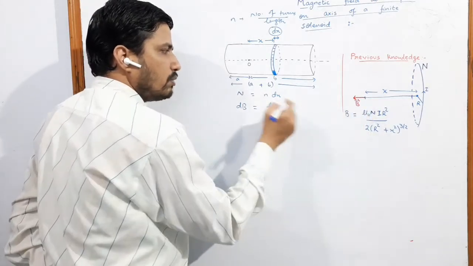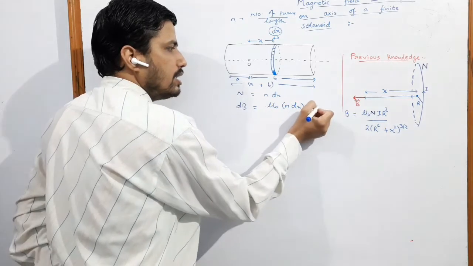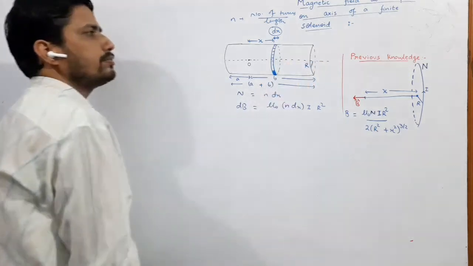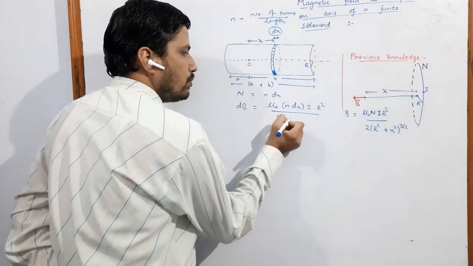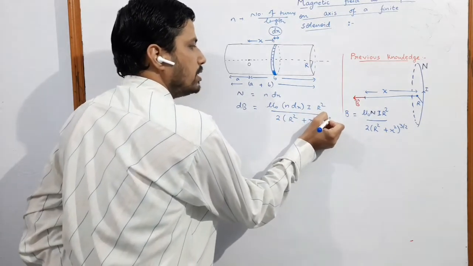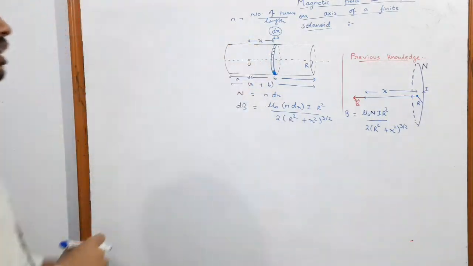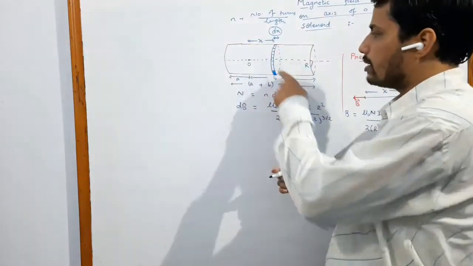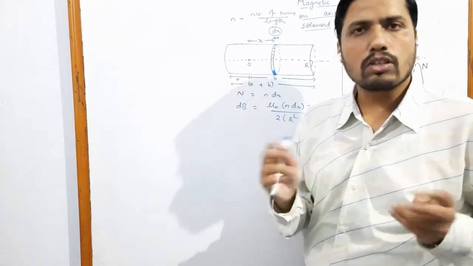Now instead of capital N, we will write n dx, I r², where r is the radius of this solenoid, upon 2(r² + x²)^(3/2). x is this distance. Now this is the magnetic field due to this circular element at this particular point. Now we have to find the magnetic field due to the total solenoid.